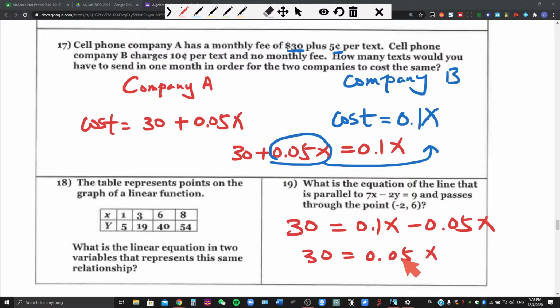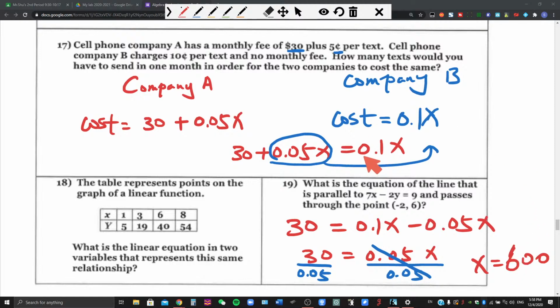We don't need this multiplied by 0.05. So you just divide by 0.05. And you have to do the same thing on the other side. We do this because we want to cancel these. Then we have x equals 30 divided by 0.05. And that will be 600. So x is 600. Or after sending 600 texts, the two companies will cost the same.